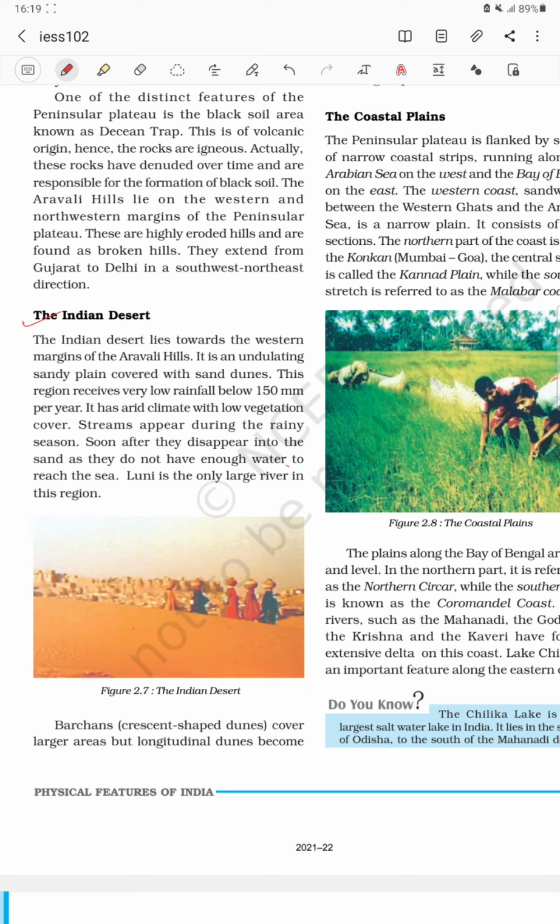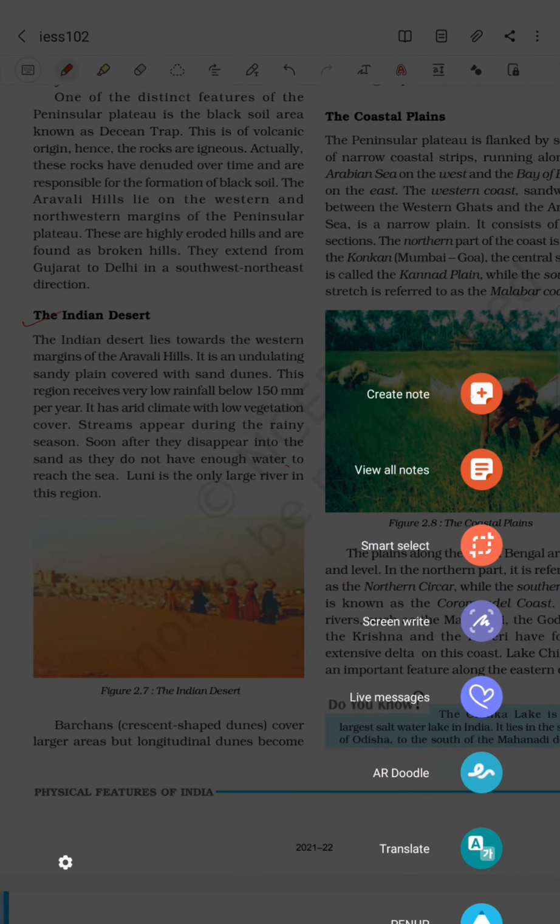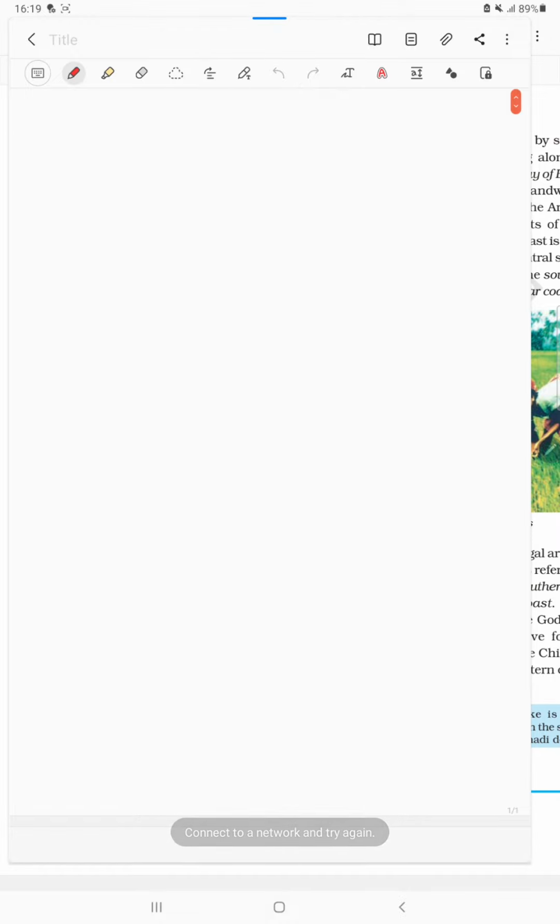Wait, I am just drawing the map. I am drawing the India map first, and with the help of the map, I will explain everything one by one. Clear?